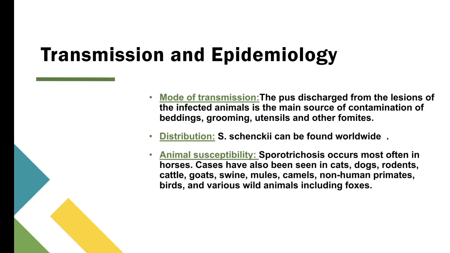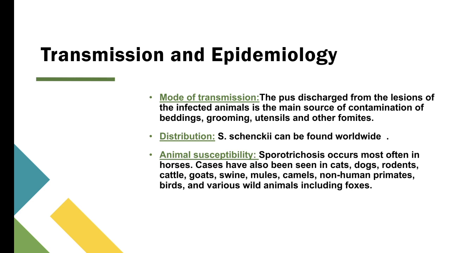Okay, transmission and epidemiology. Firstly, mode of transmission. The pus discharge from the lesions of the infected animals is the main source of contamination of breeding, grooming, and other fomites. We can find this disease worldwide.